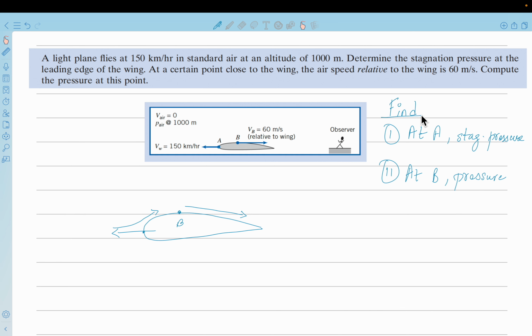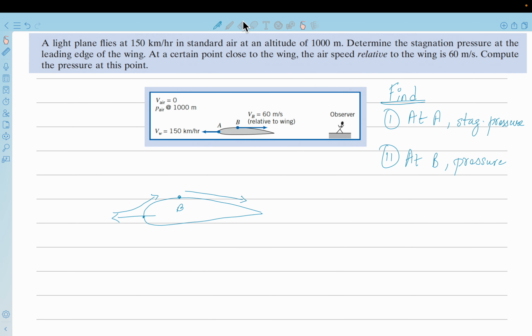So what I am going to do now is change my frame of reference. If I do not stand on the ground, but instead I am sitting on this wing, then at A, what is the direction of wind and what is the speed of wind that I will see if I am sitting right here?